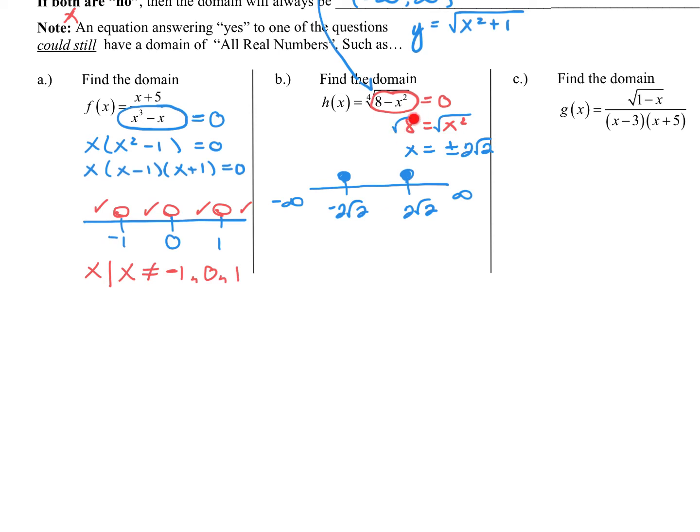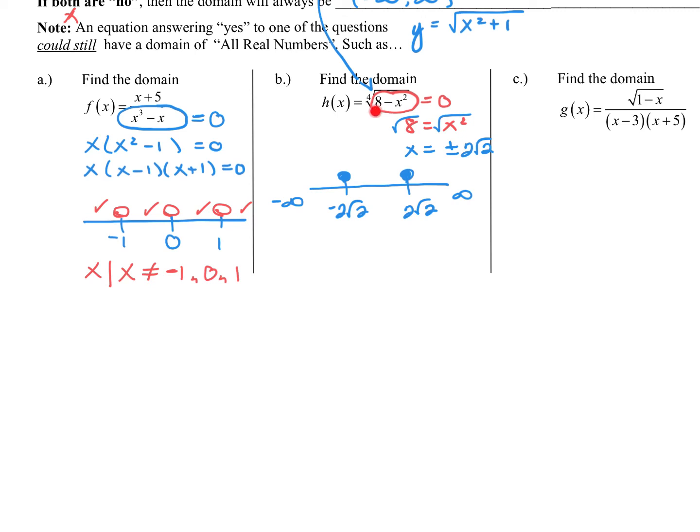Well, negative square root of 8, I want to think of what is that close to? Well, it's a little bit less than the negative square root of 9, which means this is a little bit less than 3. So I'm going to test a nice whole number of -3 here. So if I put -3 into my expression, I get 9 minus, or I'm sorry, I meant to say 8.